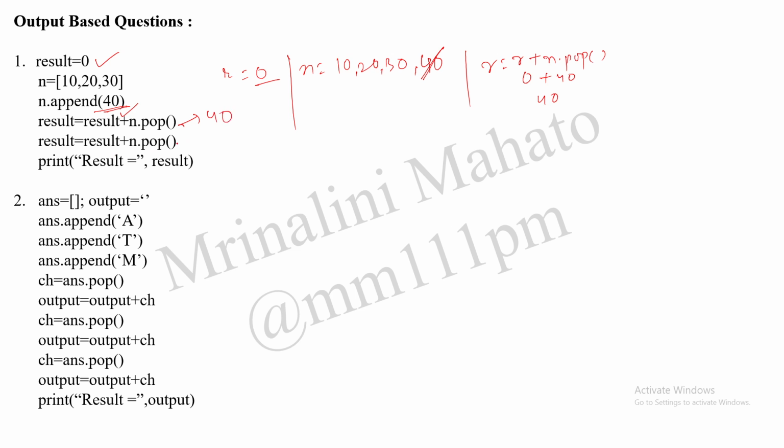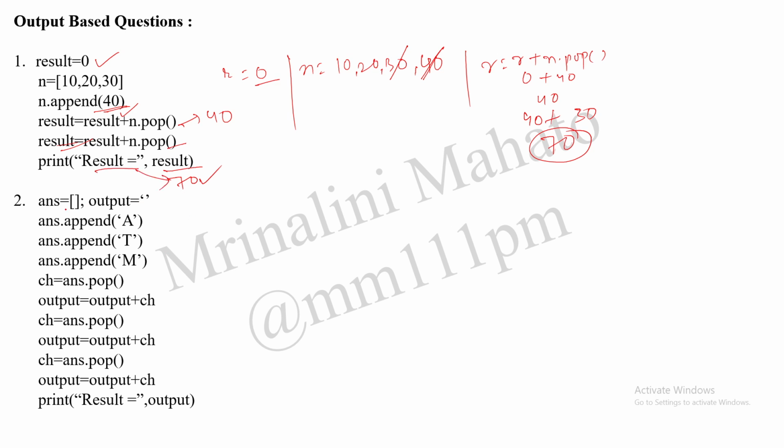Again result plus n dot pop, and it will store to the result. So now the result value is 40. Now 40 plus n dot pop, the pop value is 30. So 40 plus 30 is 70. In the result, 70 will be stored. So the result value will be 70. This is the answer, and afterwards 70 will display.